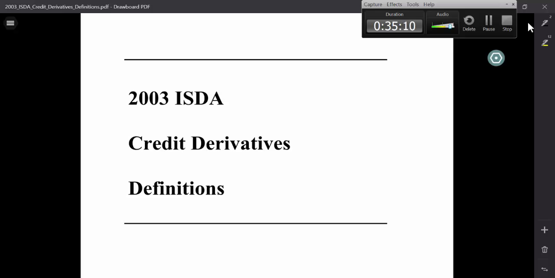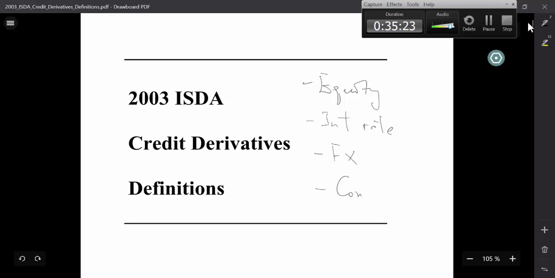They have a set of definitions for equity derivatives, another set for interest rate derivatives, another set for FX, and I think another set for commodity derivatives. These are the main asset classes. I just show you credit derivatives, but I think it's enough. Now, this one you don't change anything. You are basically agreeing with the other party: these are the rules of the game, and we're happy to use them.